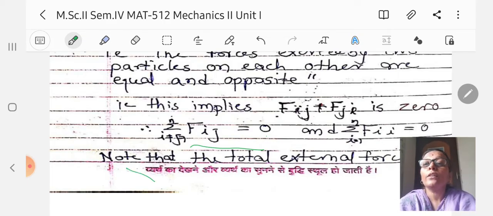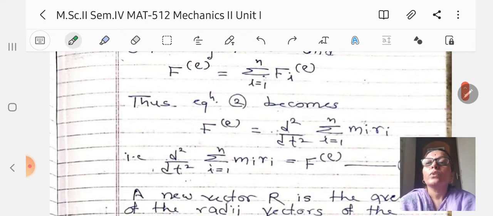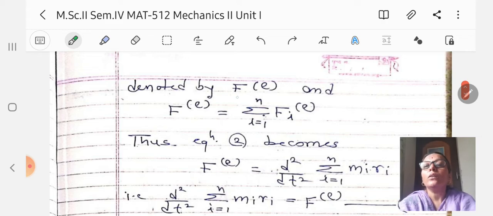Now note that the total external force is denoted by Fe, and this Fe is nothing but the summation over i from 1 to n of Fi(E), that is the summation of forces on all particles is nothing but the total force Fe.